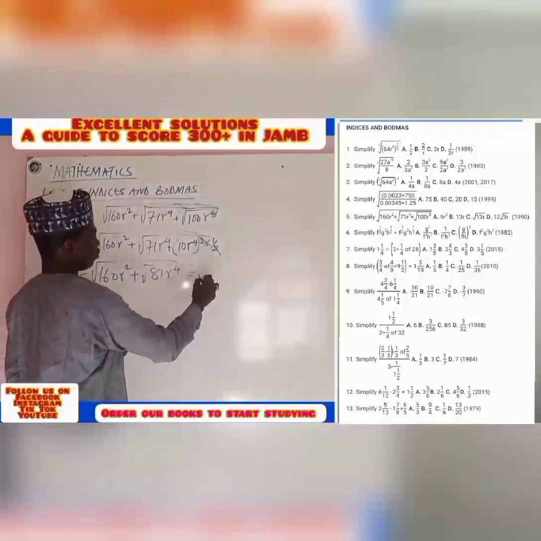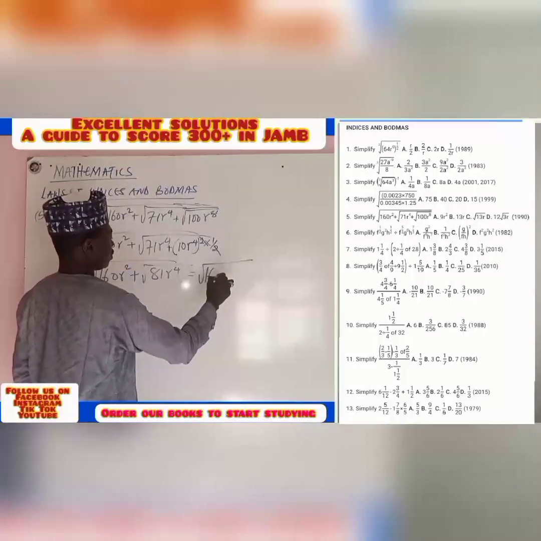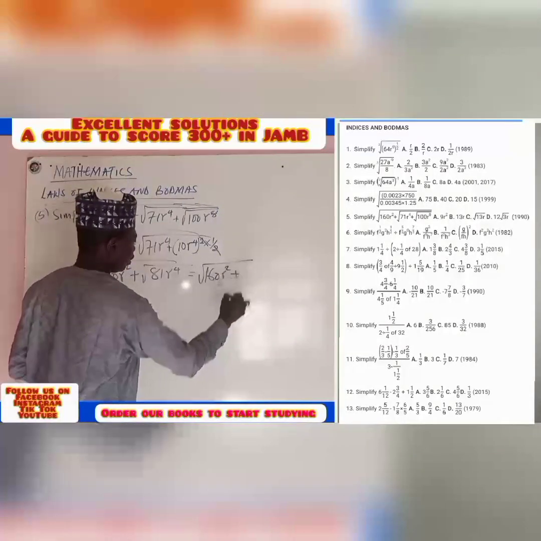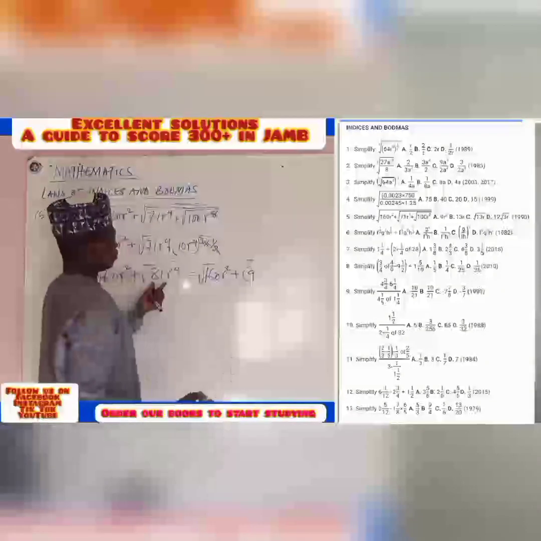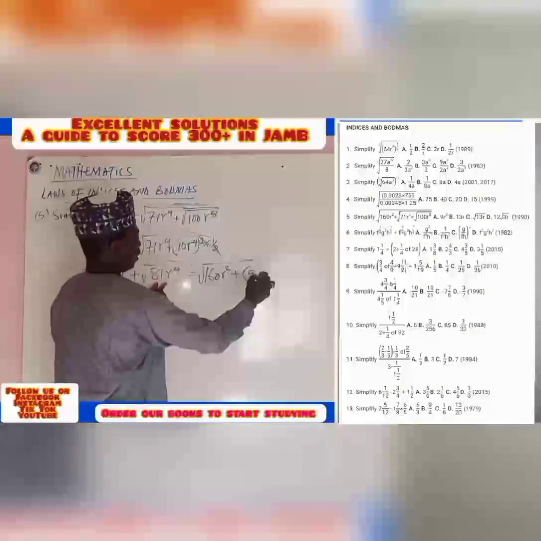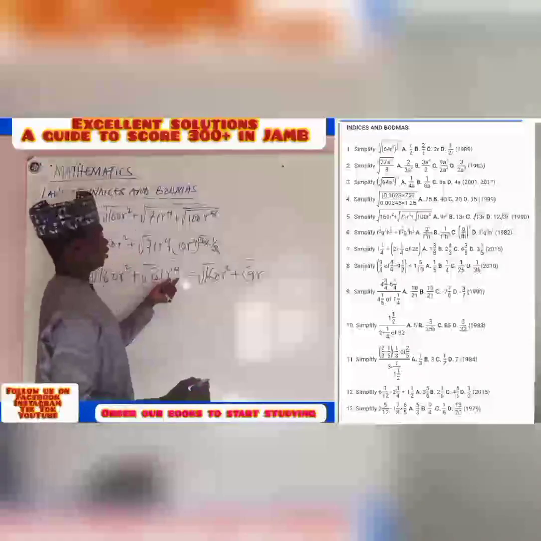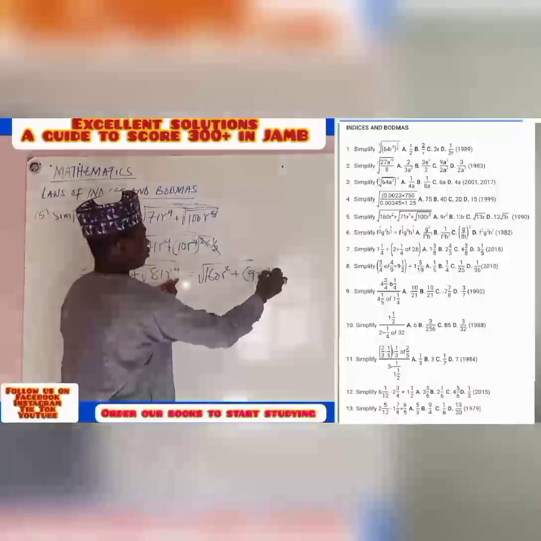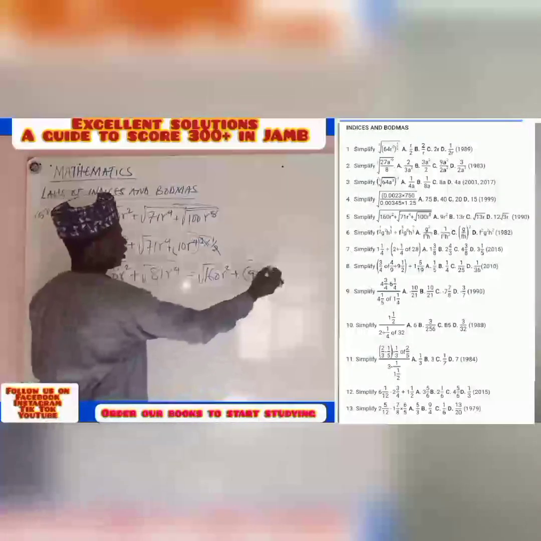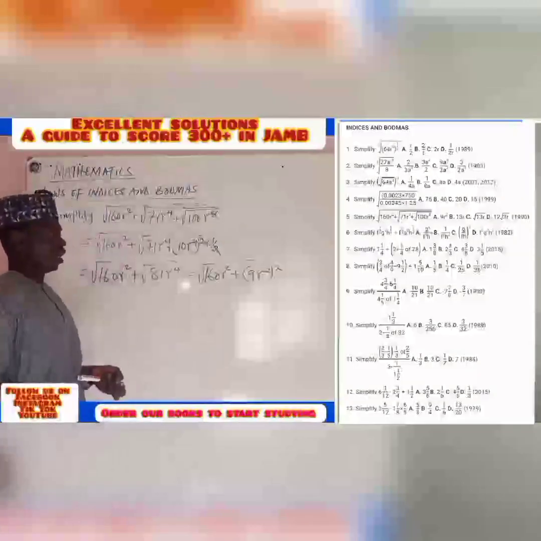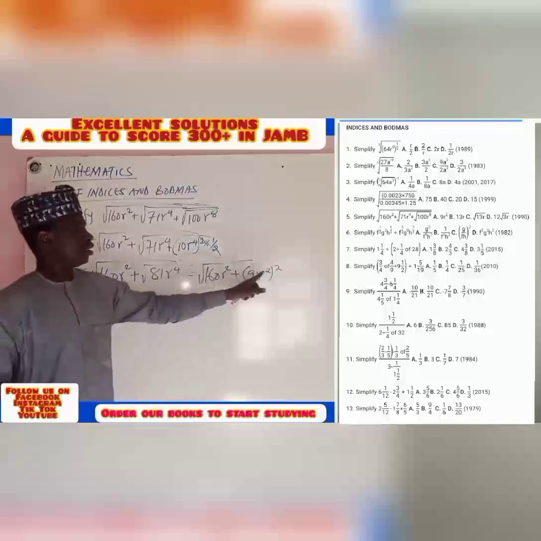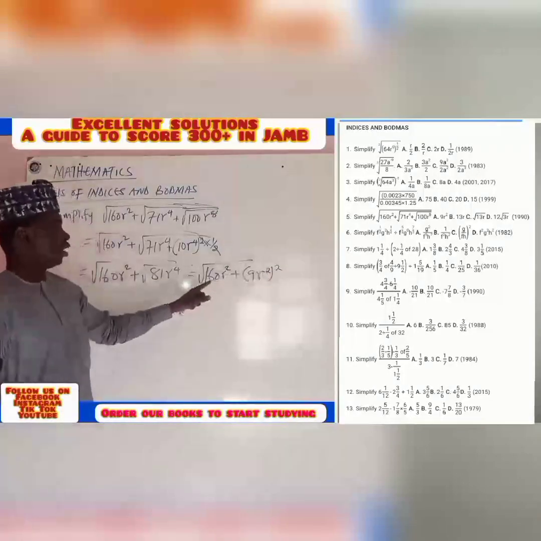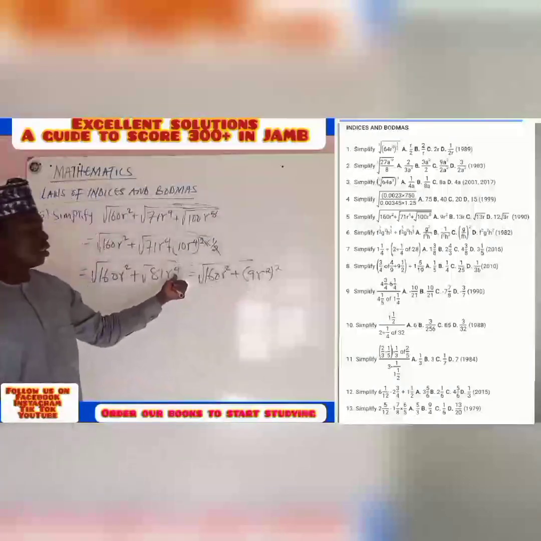You can now say it is equal to 160r square plus this 81, we can reduce it into 9, and then this r to the power of 4, we can reduce it into r square and give them a square out. 9 square is 81, 2 times 2 here is 4.